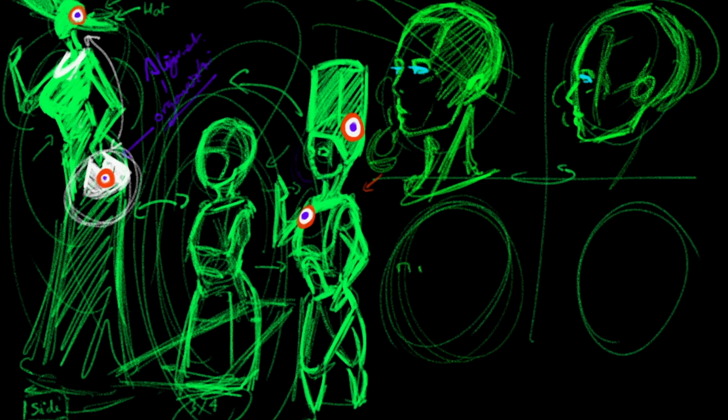So I want to start with the orbits again, then the nose, then the mouth. If you really have to draw only this part of the head, it's efficient. It's the most important part.